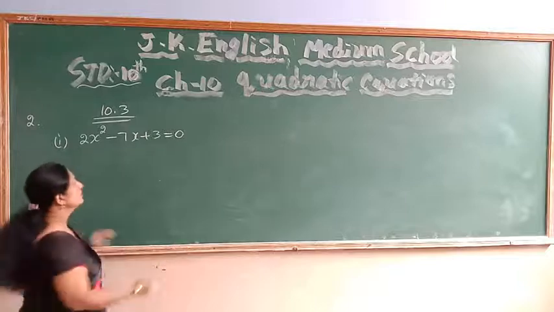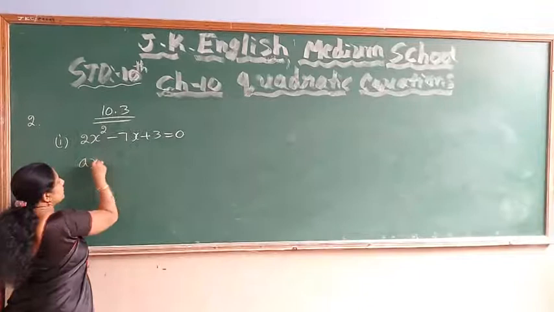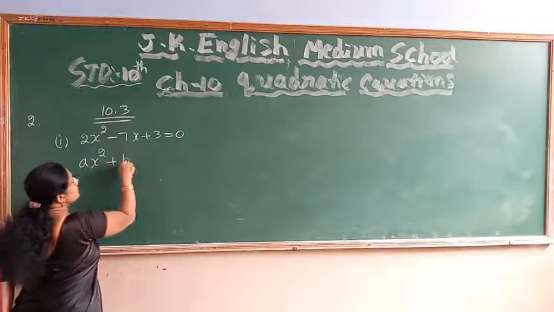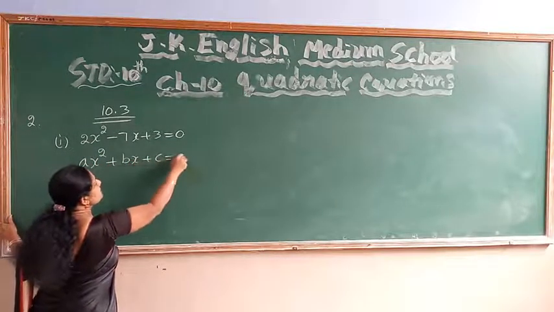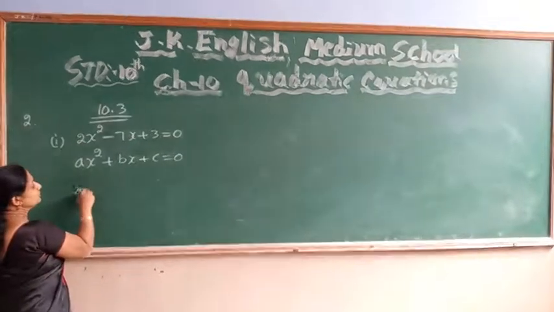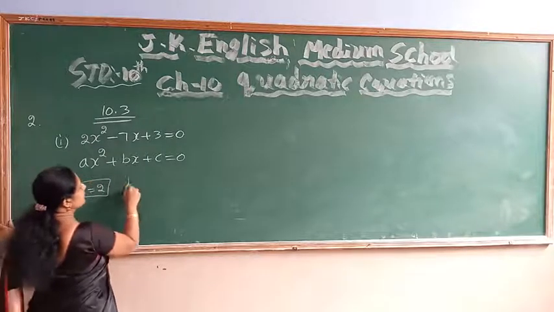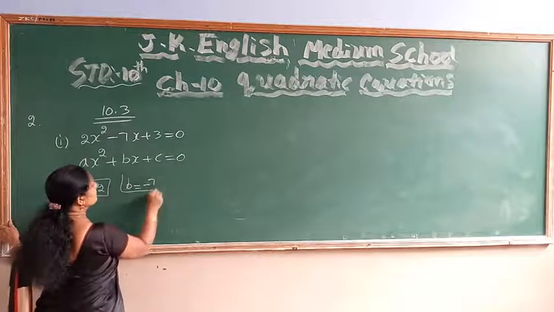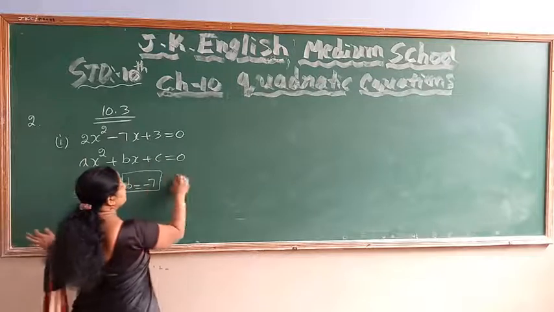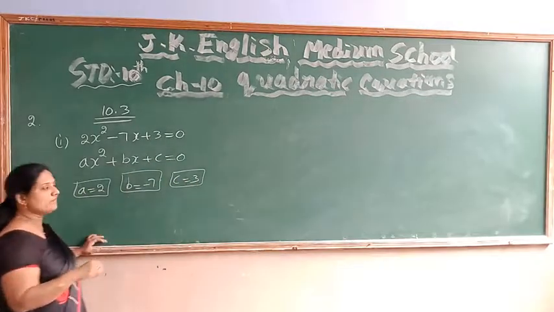Then you compare the given quadratic equation with the standard form ax square plus bx plus c is equal to 0. Then a value is 2, b value is minus 7, c value is 3. Comparing with that, you write these three values.